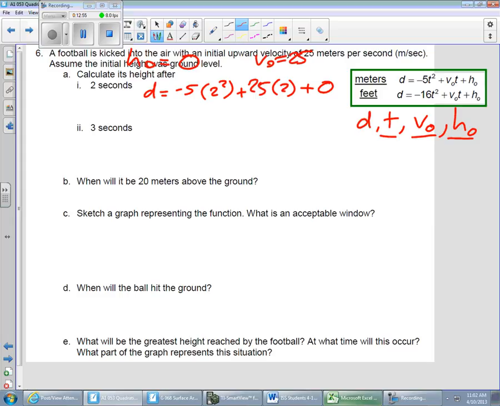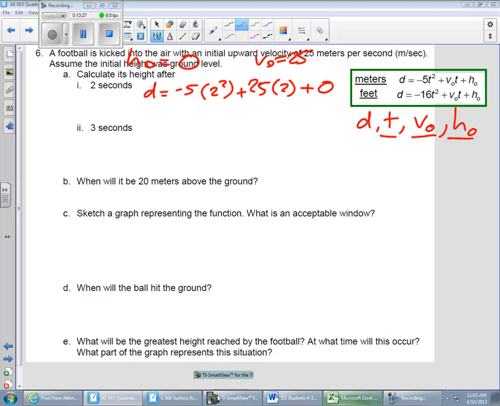A lot of the problems you're going to deal with like this will start at ground level, but some of them may be the person standing on top of a rooftop that's 15 feet off the ground, or the person's on a cliff, or the person's down in a hole, in which case the initial height is going to move up and down according to where ground level is. Well, the only thing we can solve for, as we said, is distance. The rest of this is all just numbers. There's really nothing to it except figuring out what number that all is.